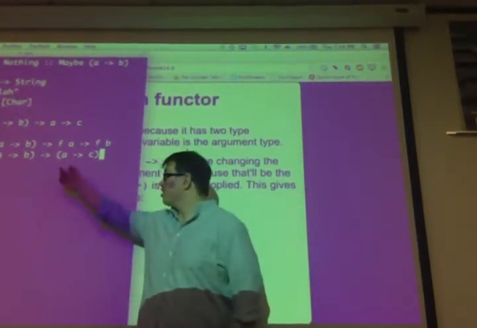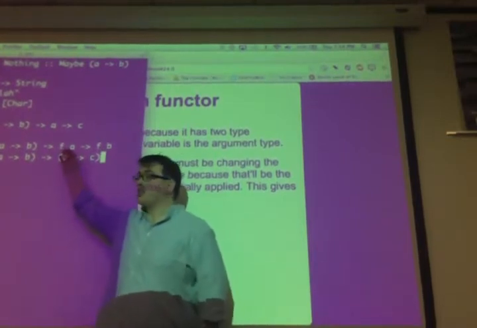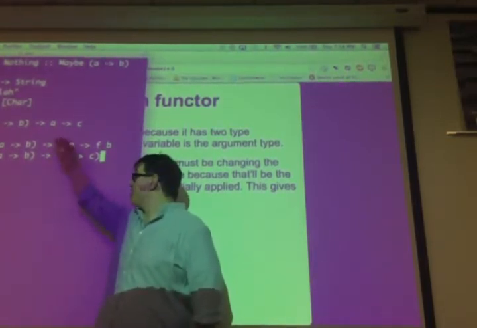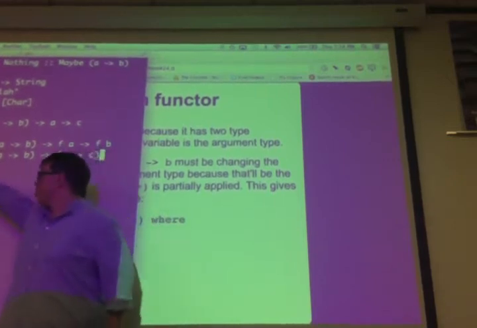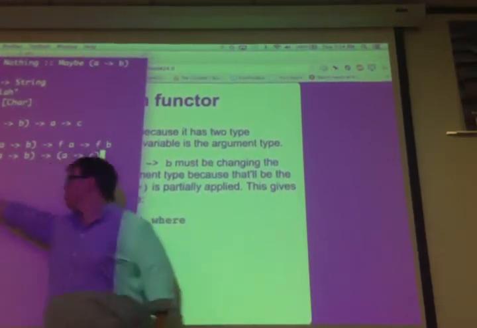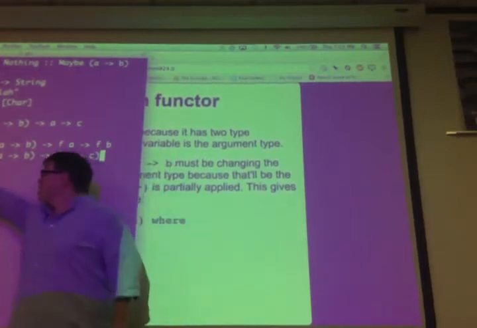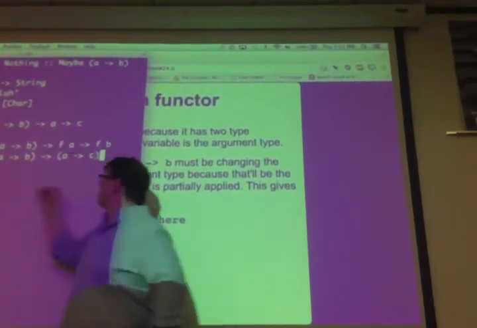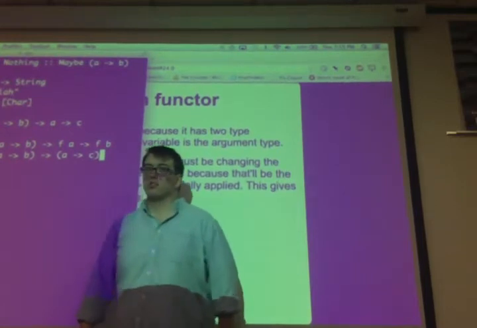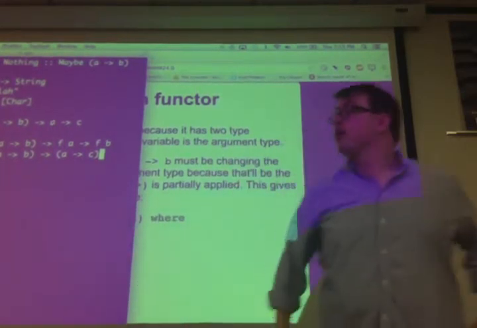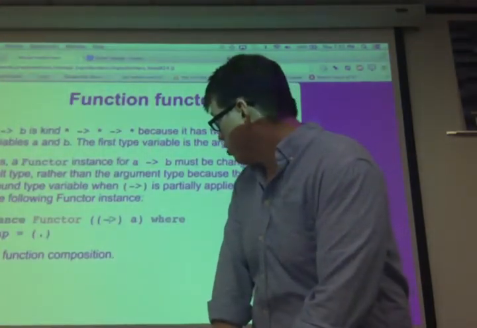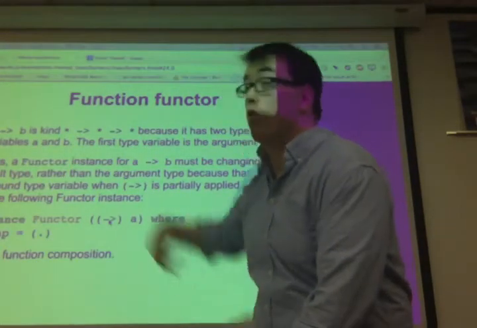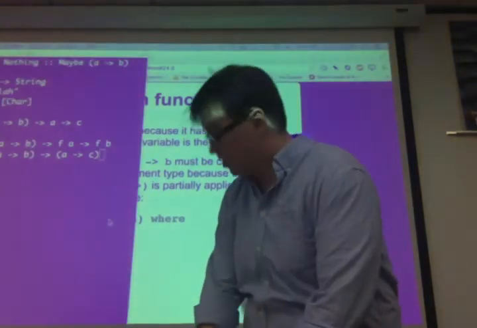So, does that make sense? That this is our f, that is our f. There's our function that we're mapping, and that, B to C to C. And how is it implemented? Well, we have another way we can implement it. So we could use the dot, but we can be a little more explicit here.